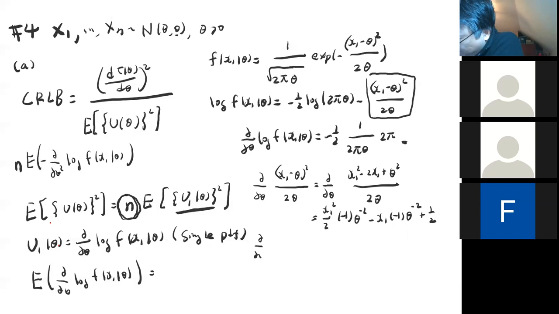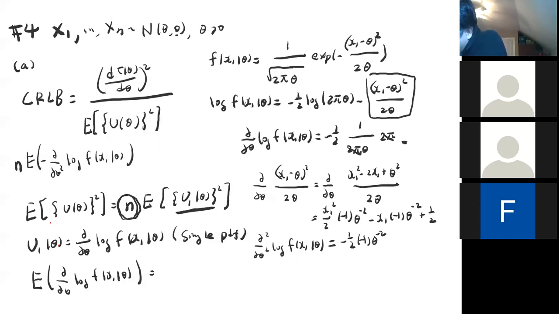So doing the second derivative again of log f of x1 given theta, equals what then? There's one thing right here: this term needs the second derivative as well. Cancel out, cancel out. So taking the second derivative, minus half, then minus 1, then theta minus 2.